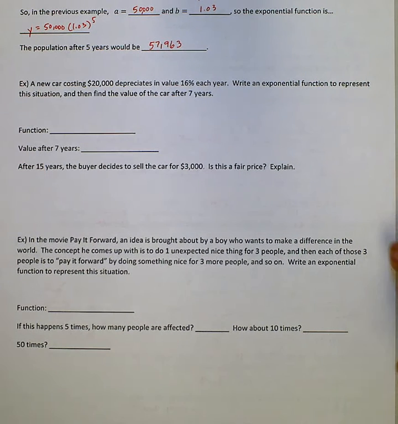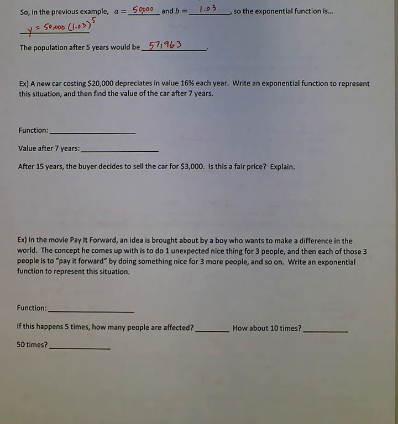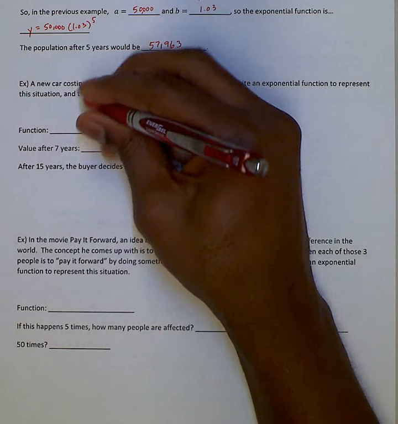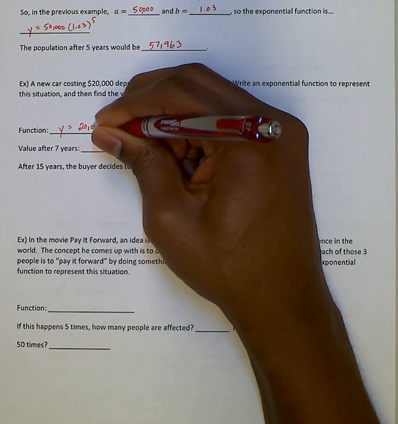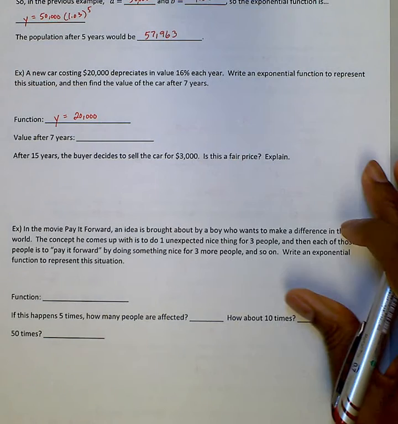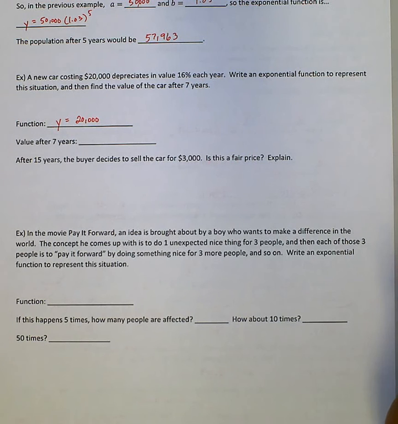Okay, all right. So a new car costing $20,000 depreciates in value 16% each year. Write an exponential function to represent the situation, and then find the value of the car after 7 years. So here we go. We need to have our initial cost. Y equals our initial cost, which is $20,000. That's how much it costs or is valued at the beginning. And then it says it depreciates in value 16% each year.